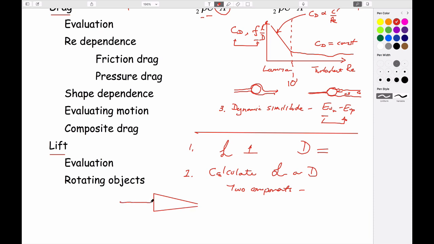If you look at the flow around one of these, you could imagine that there are 2 attributes. One is that there's drag along this portion here, and there's stagnation pressure on the front. So there's pressure drag, and there is viscous drag.